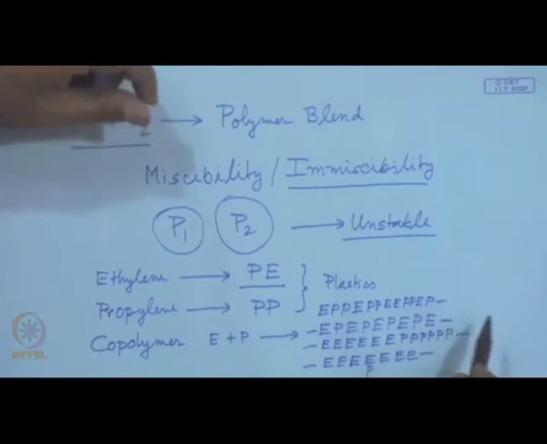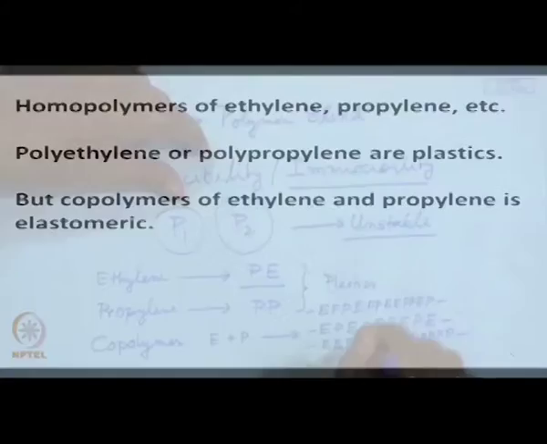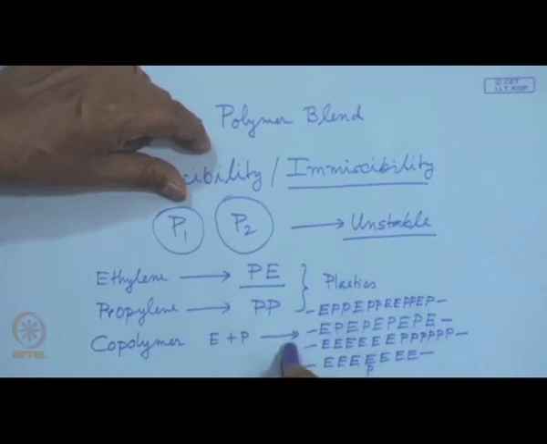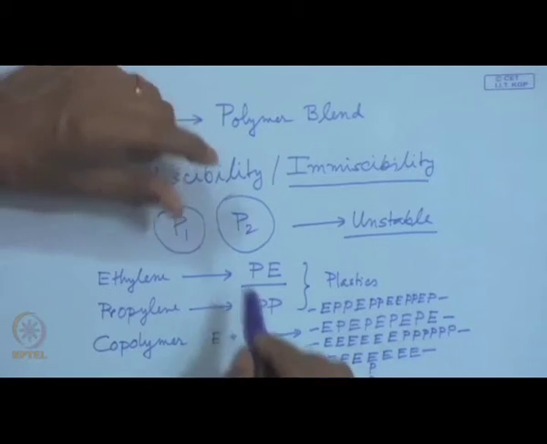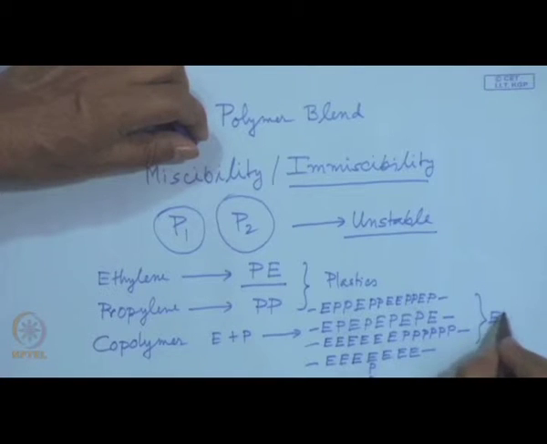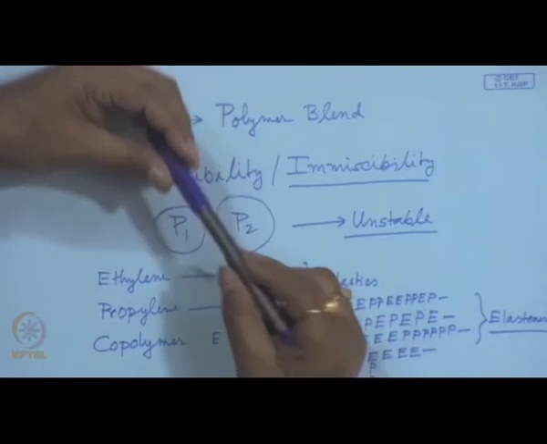So, random copolymer. Here the properties of homopolymers are drastically changed in the copolymer because of the presence of the two monomer units in the backbone chain, and this copolymer of ethylene propylene becomes elastomeric in nature, whereas their homopolymers are plastic.